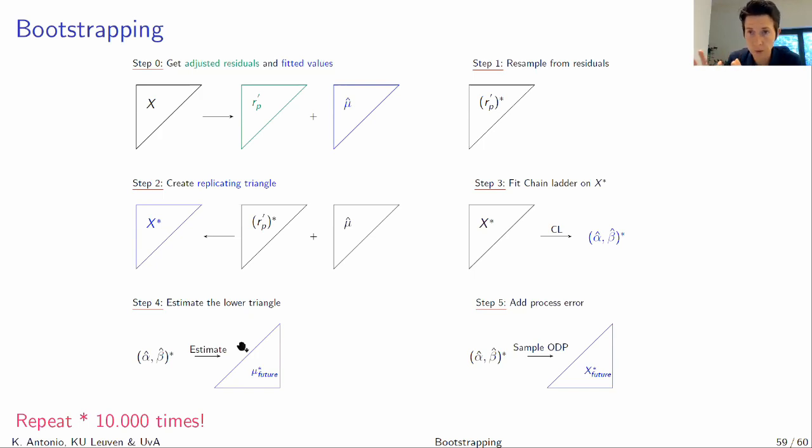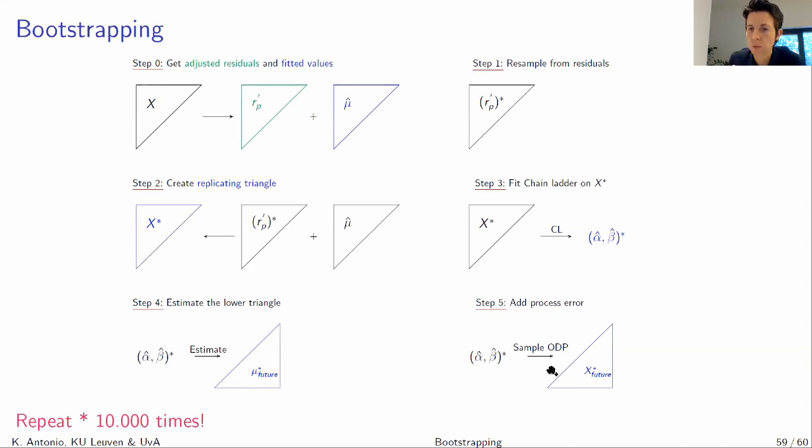And that's okay if you're interested in that. But if you want to step from this estimate for the mean to a value that you draw from a distribution with this mu star as the mean, then in the last step, you need to make a draw from an over-dispersed Poisson.